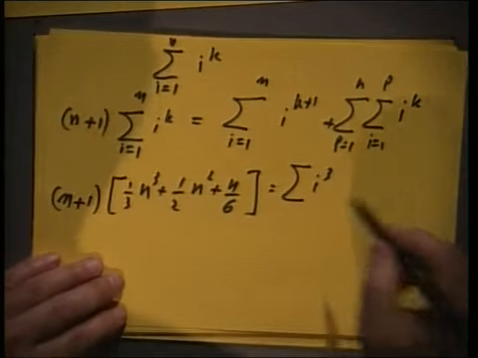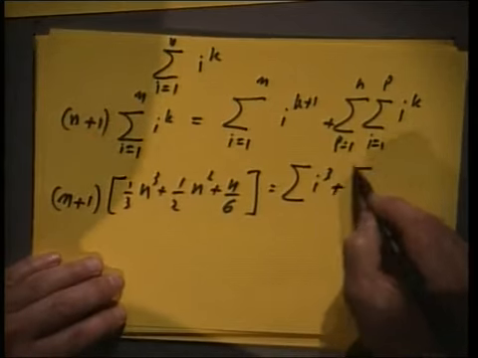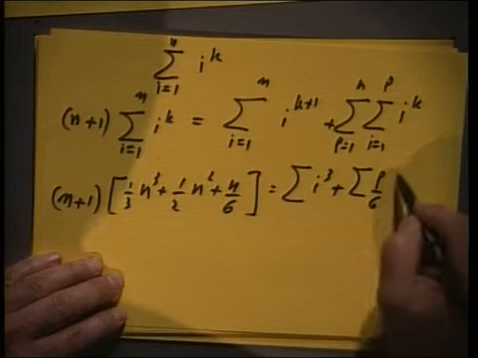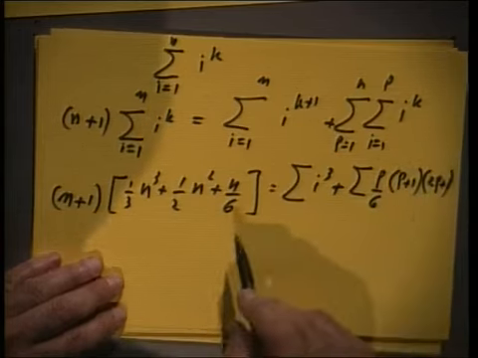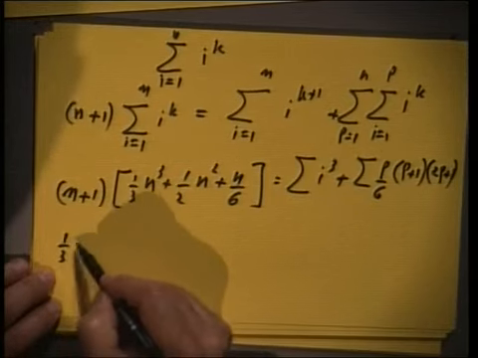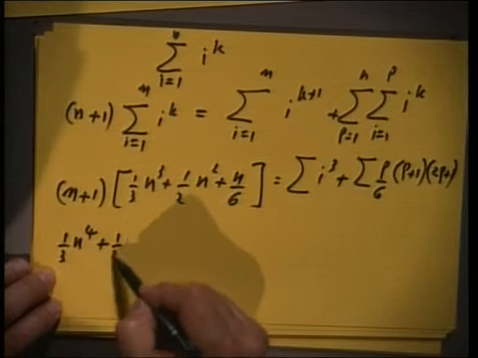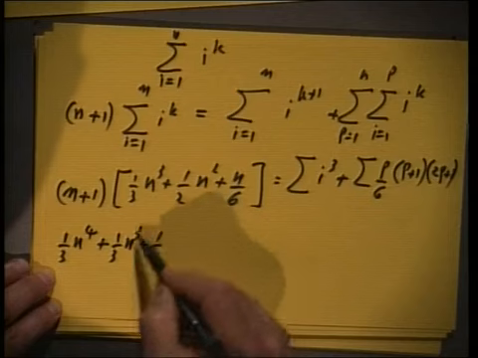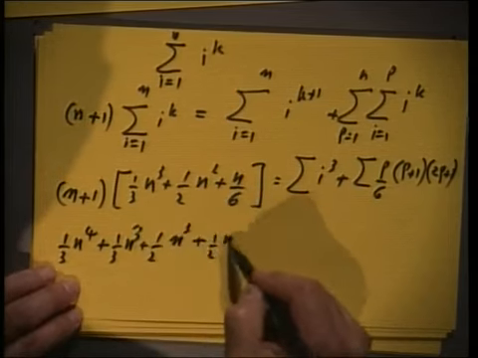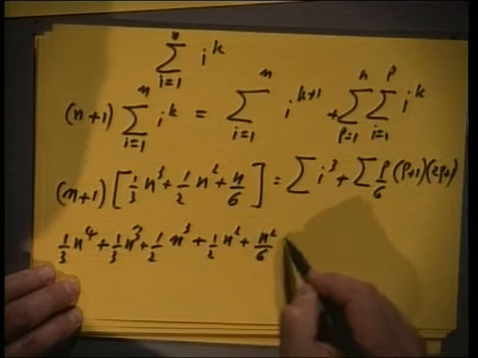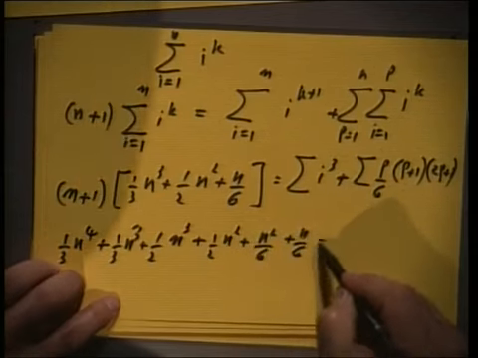plus the sum over p of p over 6 times p plus 1 times 2p plus 1. And you come out with 1/3 n to the power 4 plus 1/3 n cubed plus 1/3 n cubed plus 1/2 n squared plus n squared over 6 plus n over 6 is equal to the sum.